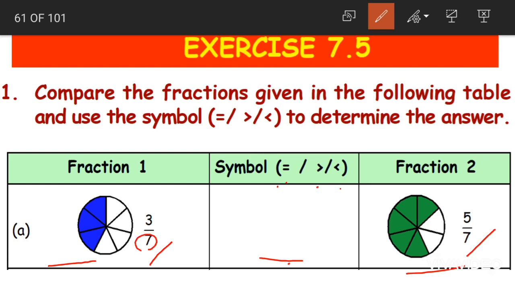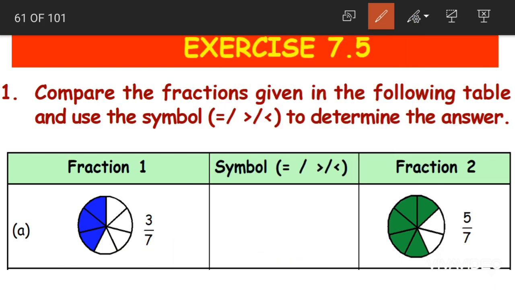These are like fractions, yes, because the denominators are same. Now let us check the numerators. Which is the greater one, 3 or 5? 5 is the greater one. So 3 by 7 is less than 5 by 7.